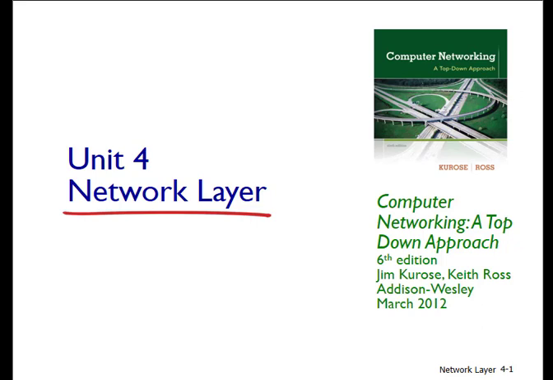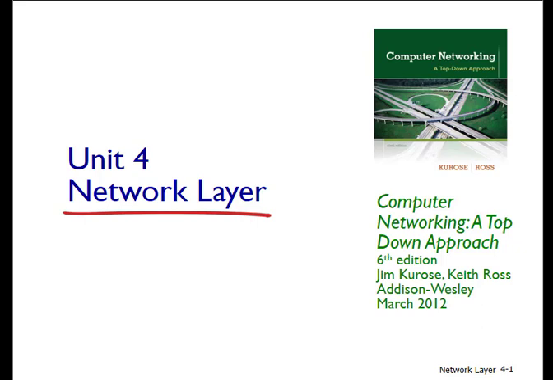Well, welcome back to the next lesson, the second lesson in our study of the network layer as part of the course Networks and Distributed Systems. This course is based on the textbook by Jim Kurose and Keith Ross, Computer Networking: A Top-Down Approach. We are examining the subject based upon the TCP/IP model of networking.